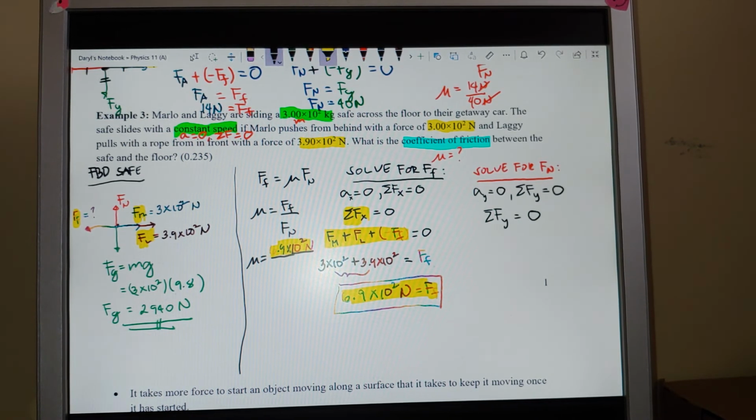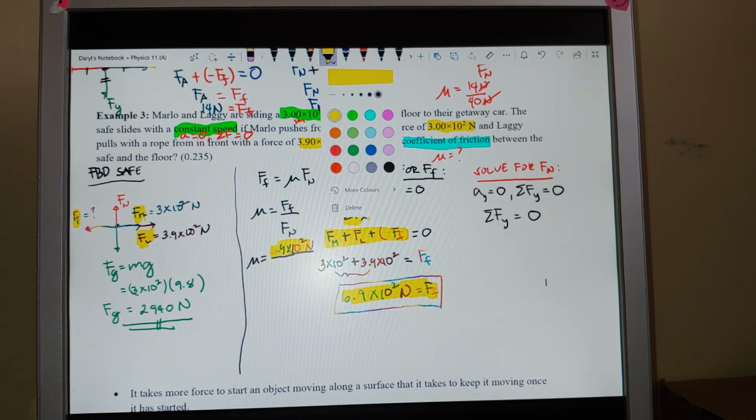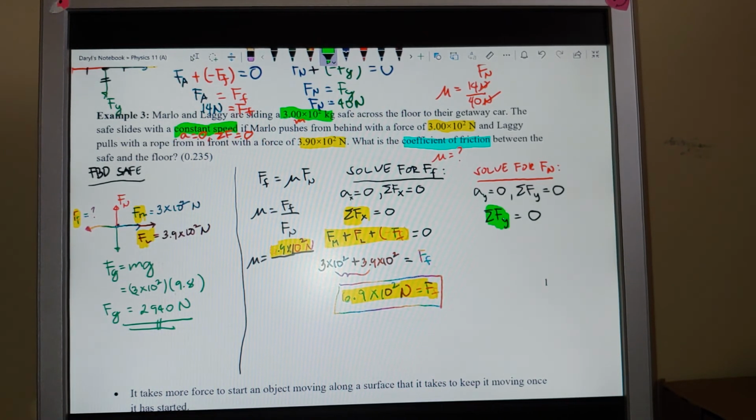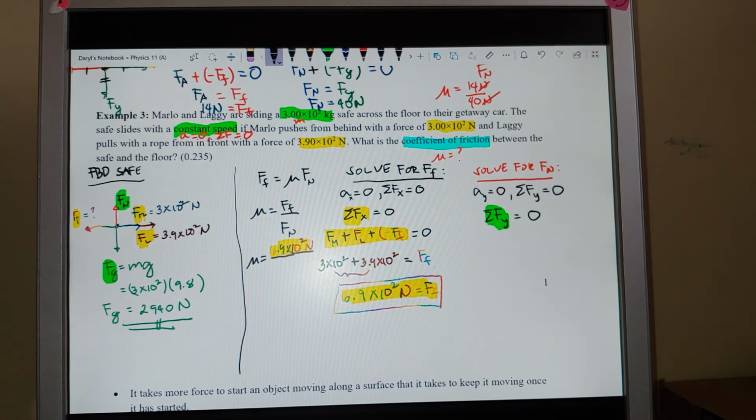If we expand the forces along y, I'm going to go back to my free body diagram. There are two forces acting along y, and those are Fn and Fg.